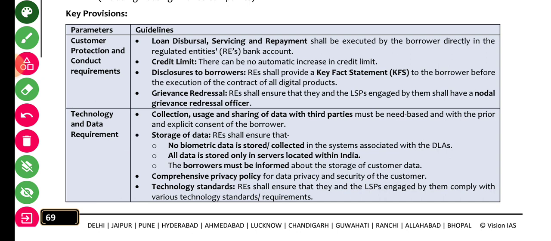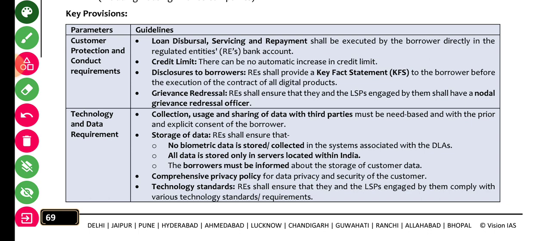Technology and data requirements: collection, usage and sharing of data with third parties, and storage of data. No biometric data is stored or collected in systems associated with the digital lending apps. All data is stored only in servers located within India. The borrowers must be informed about the storage of customer data.